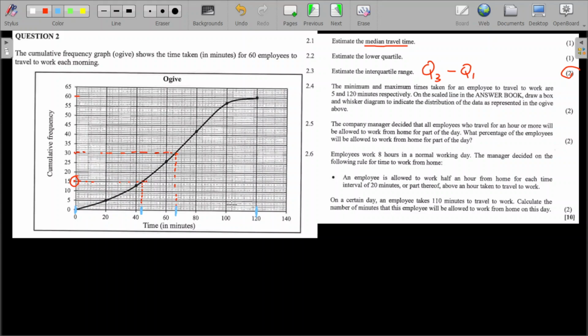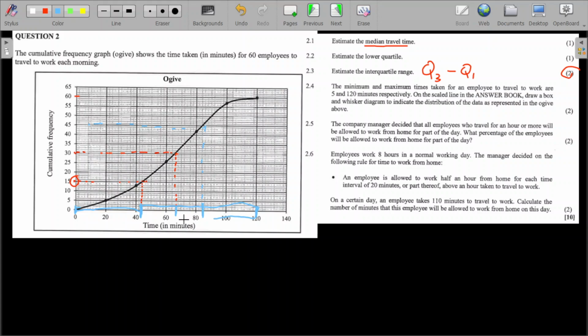So the only thing that I don't have, which you already found here, is my upper quartile, which is going to be 40, if I'm not mistaken, yes, which comes from here and then going down, and then it's going to be here. So my box and whisker diagram that they are looking for here.